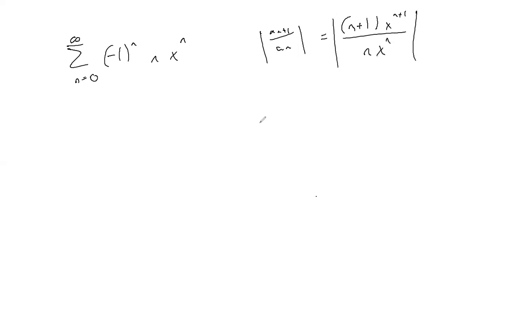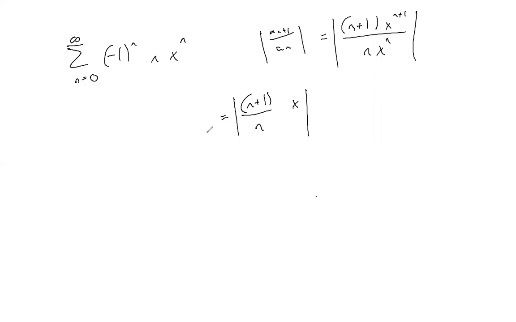Okay. And then let's simplify this. X to the n plus 1 over x to the n just equals x. Okay. And let's keep the absolute value bars.